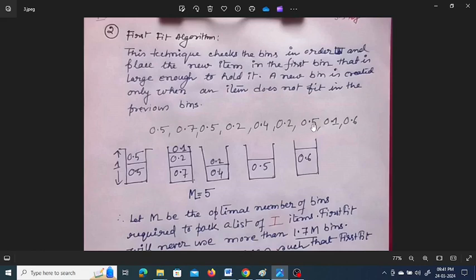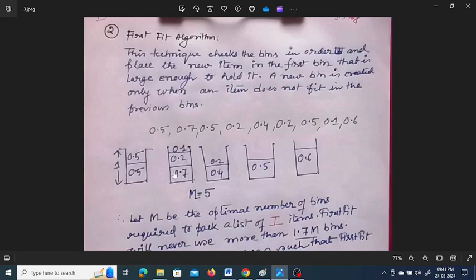Then 0.5 cannot be accommodated in bin 3, bin 2, or bin 1, so we have to create a new bin. And then finally 0.1 you can accommodate in bin 2, because bin 2 is 0.9, so the total size is a maximum of 1 unit. So 0.9 is okay, fine. 0.9 plus 0.1 makes 1 unit, so it can accommodate.